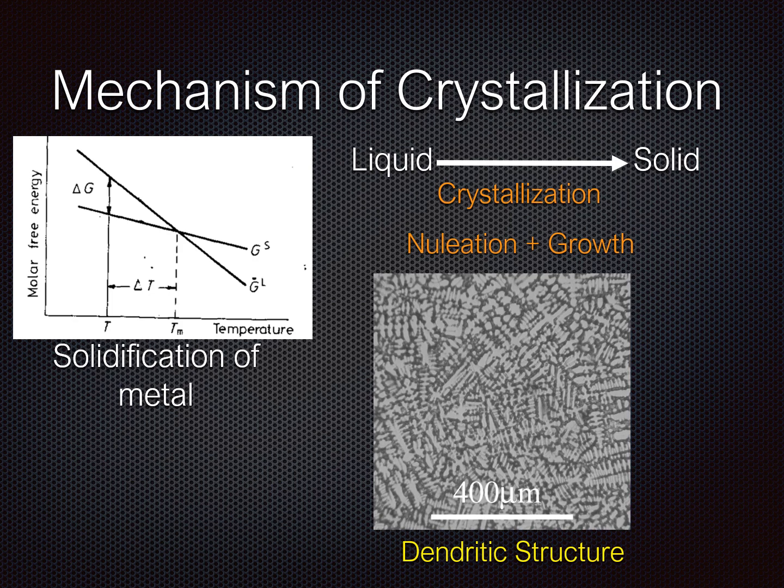At any temperature below the melting point, the free energy of the solid is lower than that of the liquid. So the solid phase is stable and vice versa. The more is the difference between the free energy levels of the two phases, more is the driving force for the transformation.